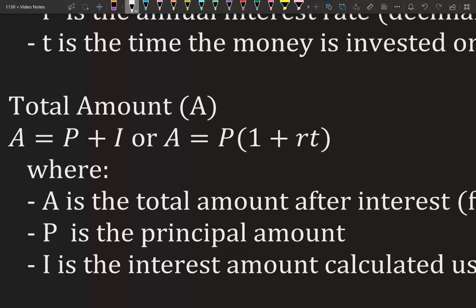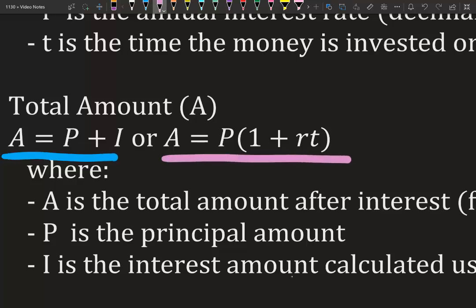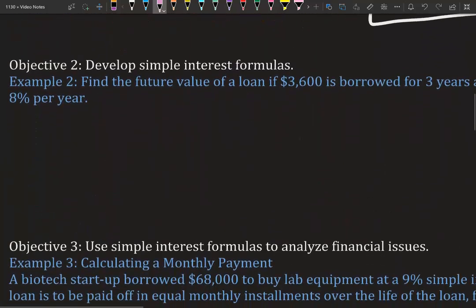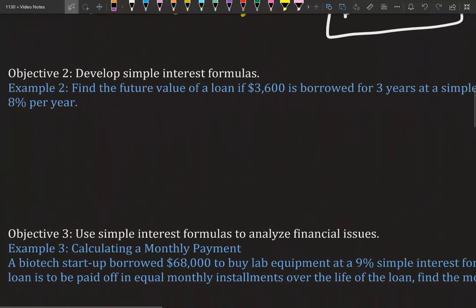So we either have this one to pick from, or this one to pick from. We know we're going to pick this one because we're given time. We're given 3 years.